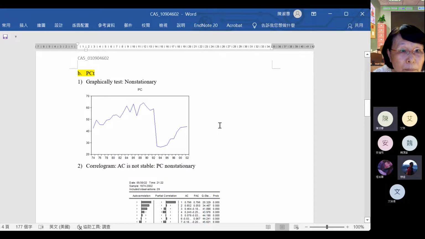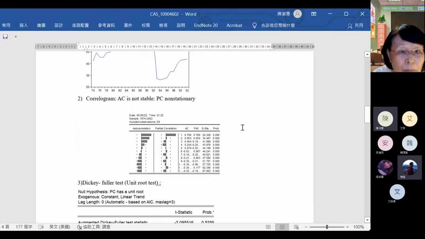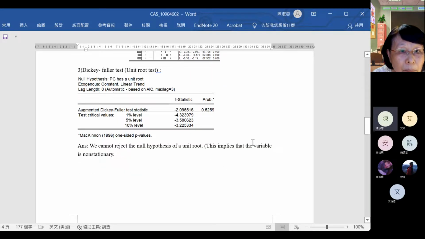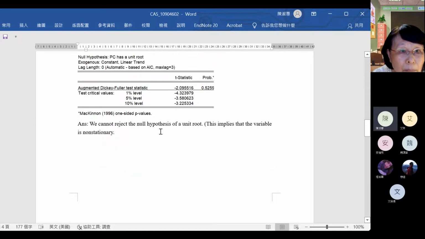Second is PC. Again, from the graphical test, we can tell it is non-stationary. The autocorrelation part is again similar. When I use the Dickey-Fuller test, the probability is 0.5, much higher than 0.05, so we cannot reject the null hypothesis of a unit root.